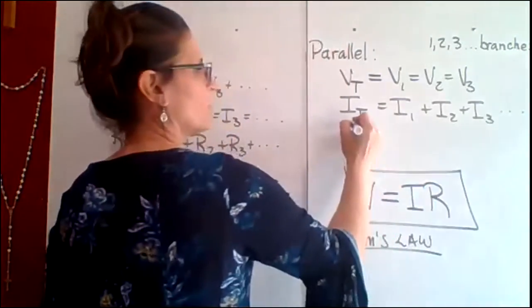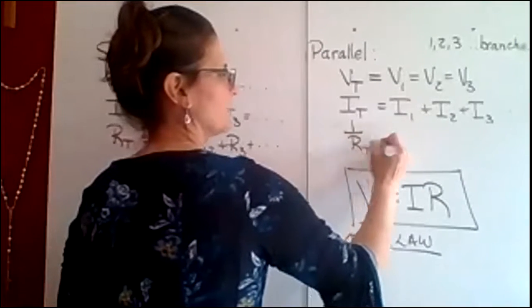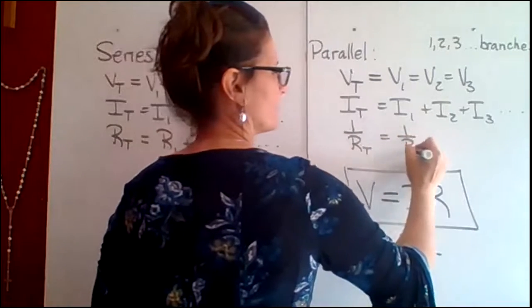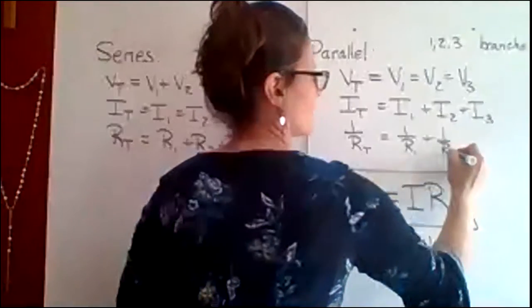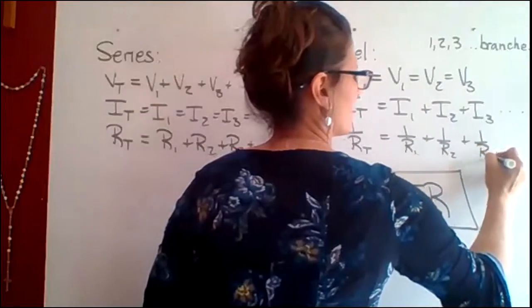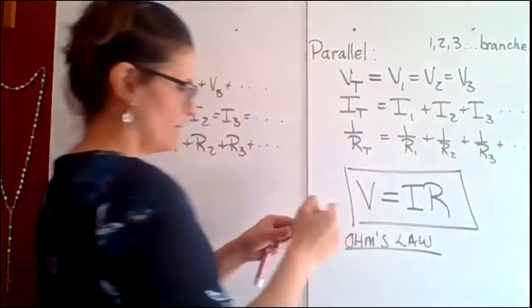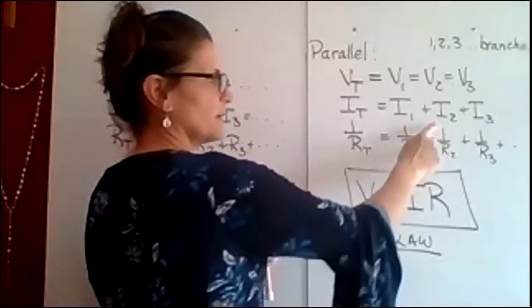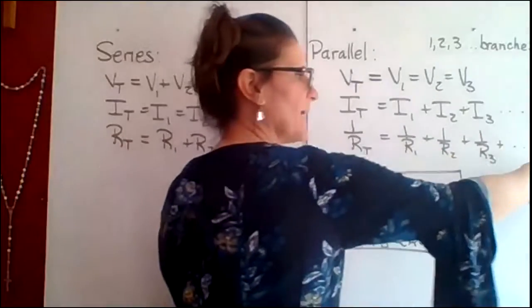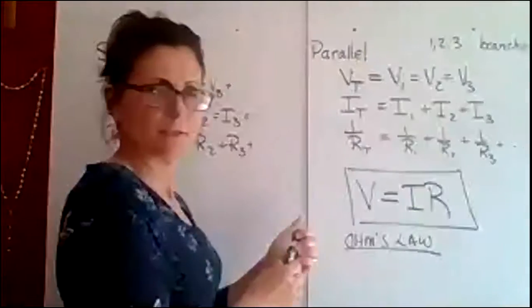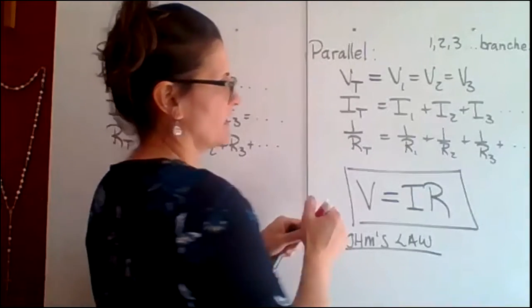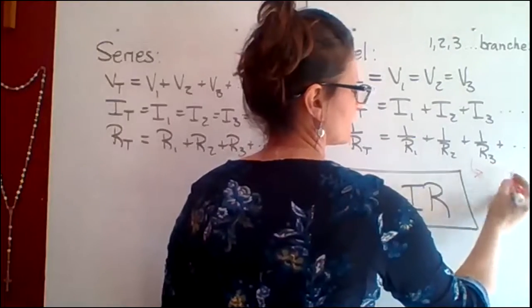But our resistance adds in a reciprocal way. And what that means, 1/10 plus 1/10, the more things I add, the smaller my total resistance becomes. So that's what I want you to get out of that today.